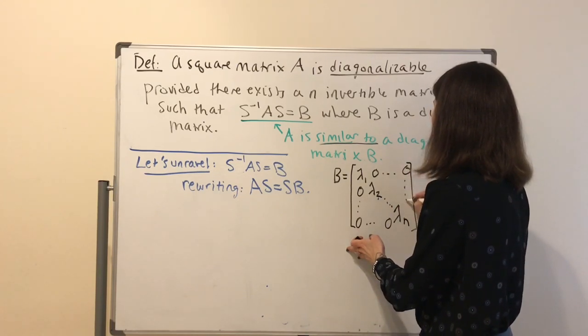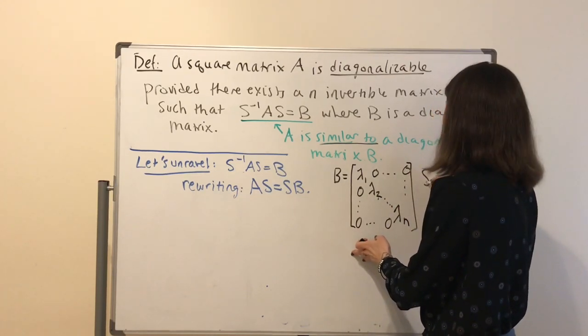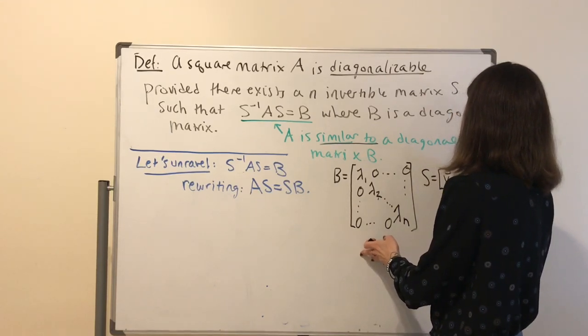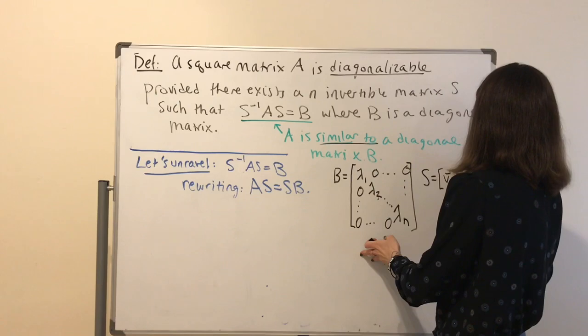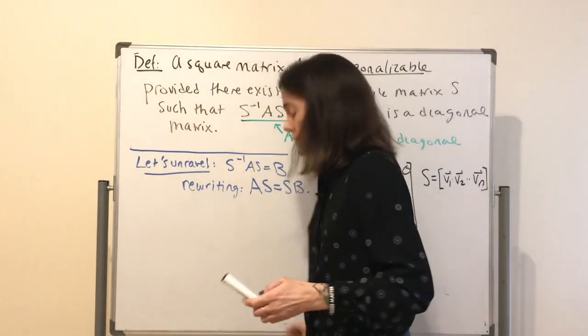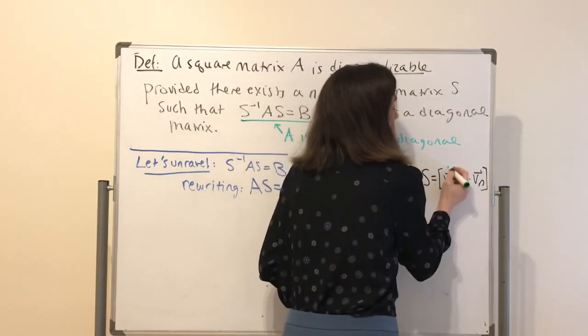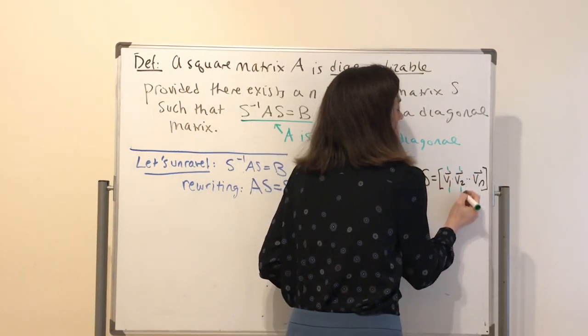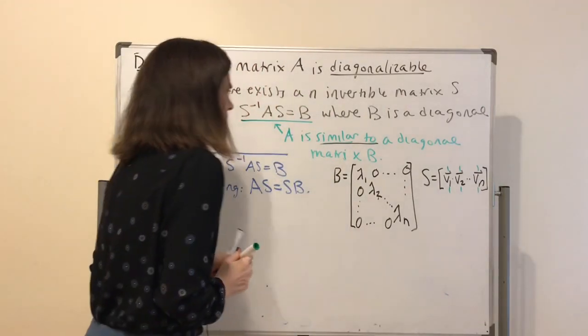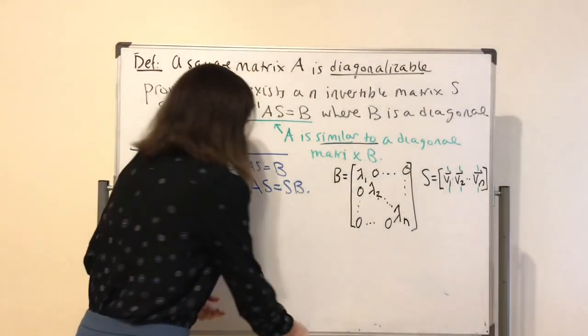Here's my diagonal matrix, and then my invertible matrix S will have the columns v1 through vn, and I'll put little bars to denote these are columns. I could do the same for A as a square n by n matrix, but I'm not going to need it for what I'm going to do.